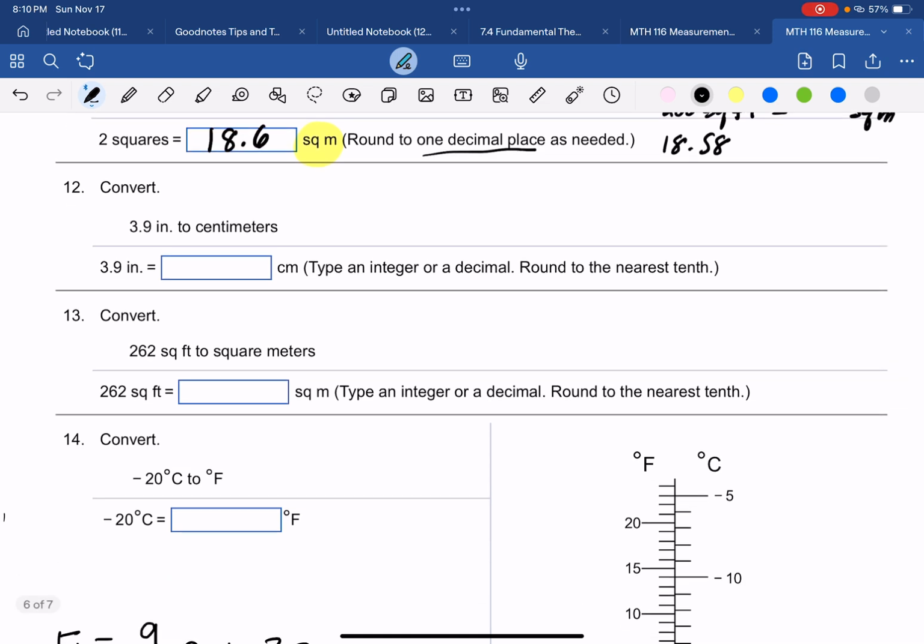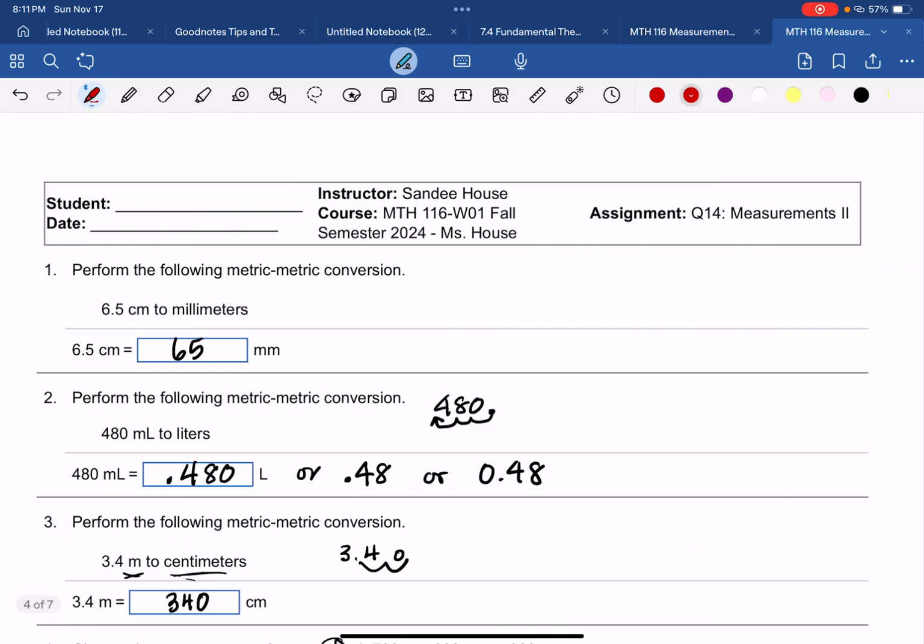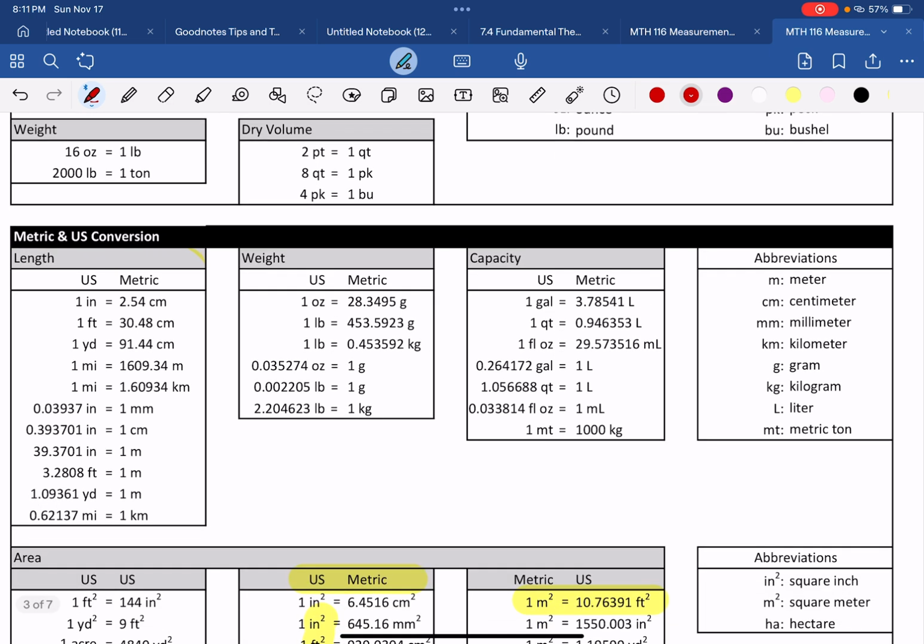Number 12, 3.9 inches to centimeters. So I need 3.9 inches. I want to get rid of inches and end up in centimeters. So the inches will cancel out and centimeters will be left. So inches to centimeters. Go back to my chart.